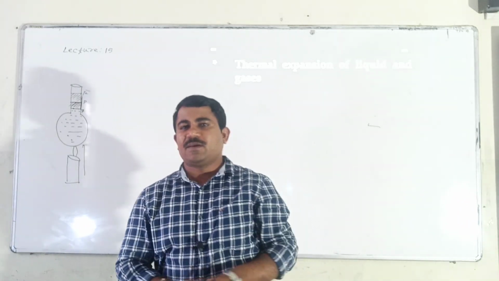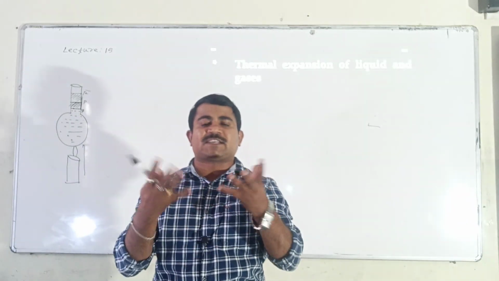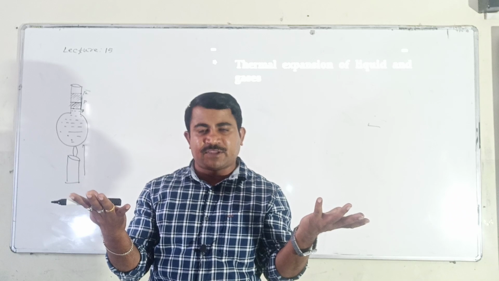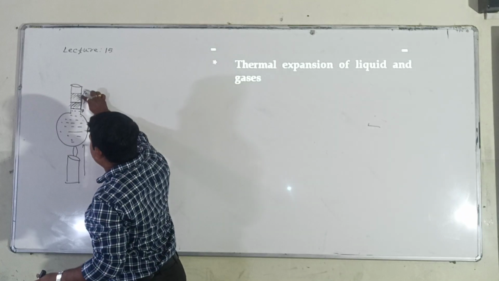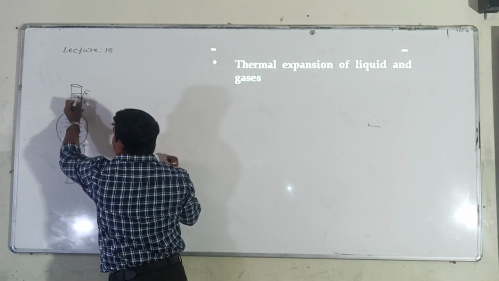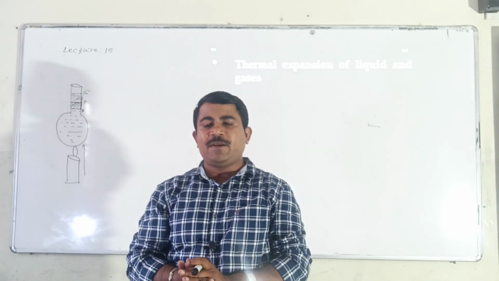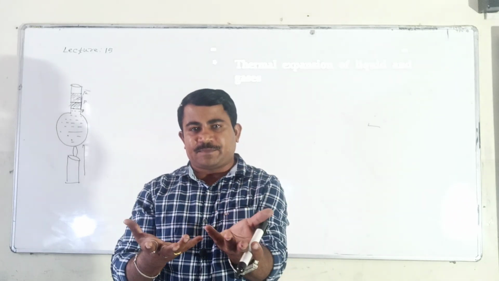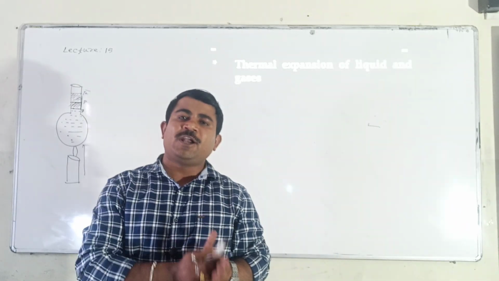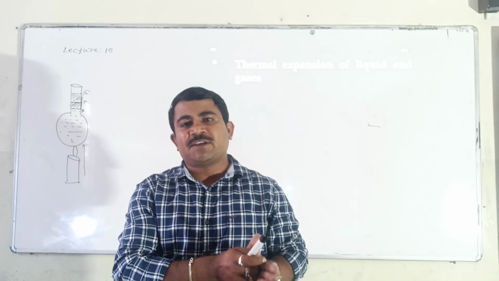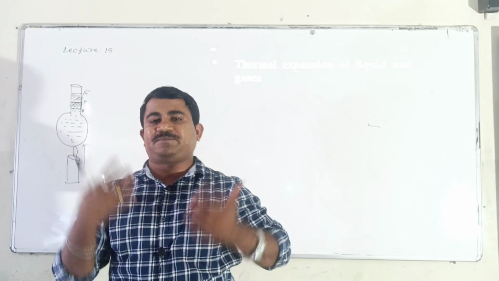Are you following me? How much the liquid drops, that much the flask will expand due to increase in temperature. Later, if the temperature increases, the level of the liquid rises from this value to this value. This value we are calling apparent expansion. Apparent expansion means whatever rise in the liquid the observer observes. It is the expansion of the liquid without taking the expansion of the flask.